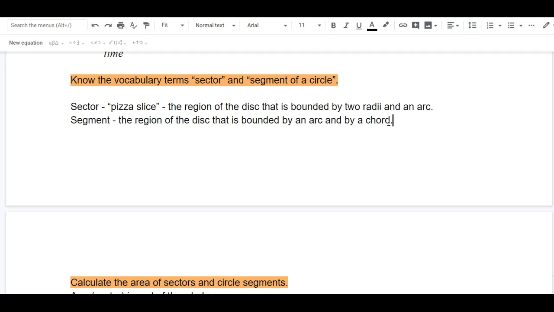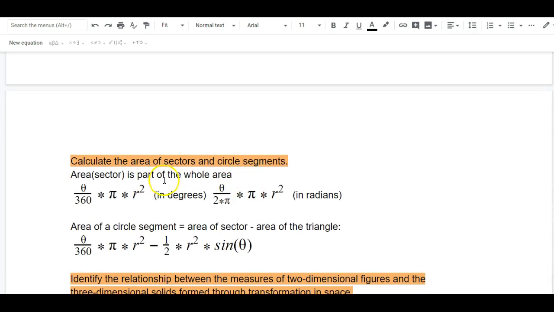Okay, so how do we find the area of a sector? Well, we're going to do the same thing that we did before. Writing it out in English is always a good idea. The area of the sector would be equal to a part of the whole area. So many degrees over 360 tells me what part it is.